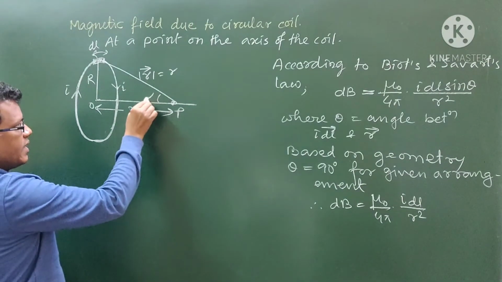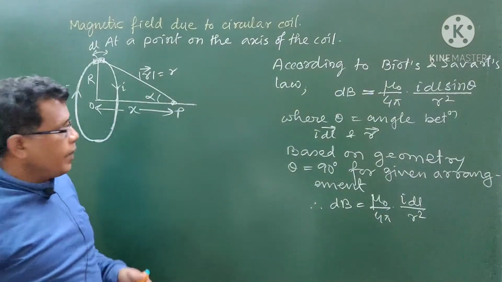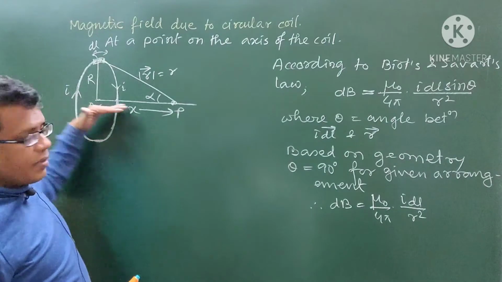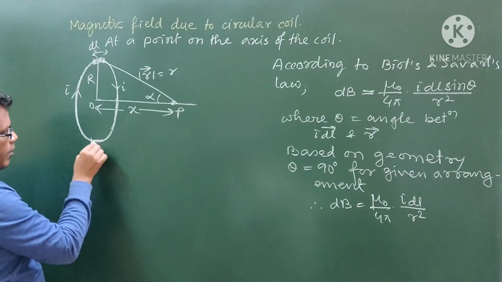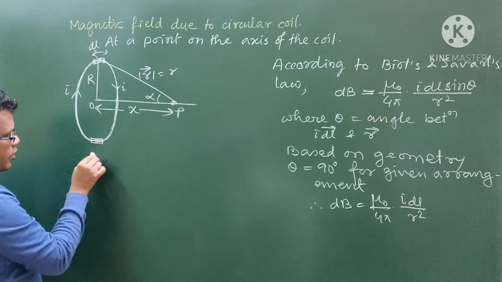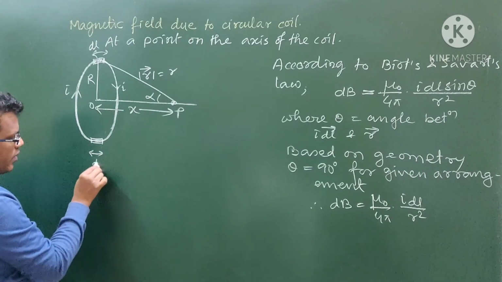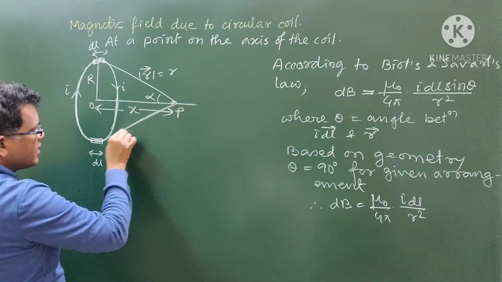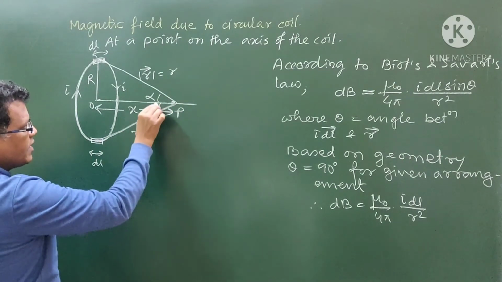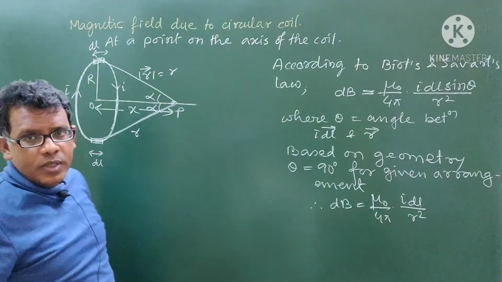Geometrically, I can consider this as alpha, the angle made by the radius vector with the axis. I can take another current element diametrically opposite, which is also of length dl, and these two will have the same distance r and the same angle alpha.